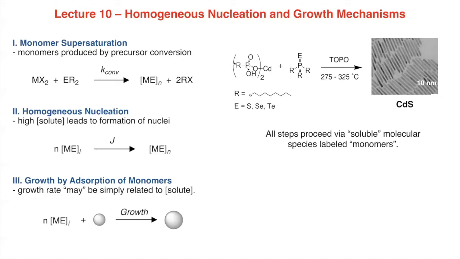Those soluble units then have to undergo nucleation, and that nucleation occurs by some kind of an assembly mechanism to make a very small piece of this new material. And of course, we've been talking about how difficult that is.